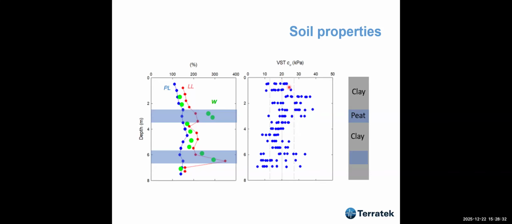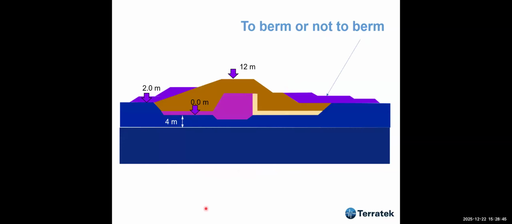As you see here, the average is about 20, and we have some peat layers. Okay, and these tests were carried out later on at the Road Research Laboratory. Very interesting data. And then this was the main decision to obtain a design and drainage profile.